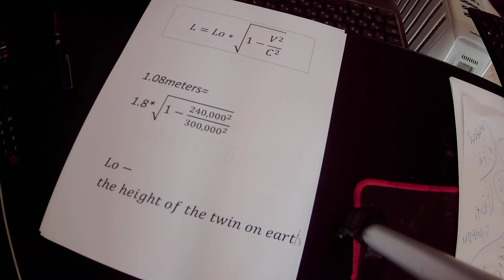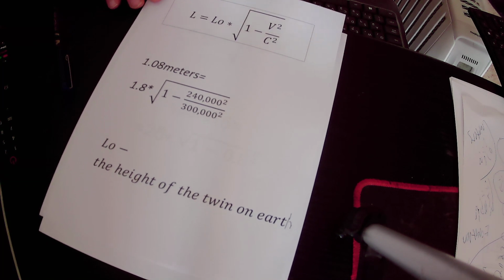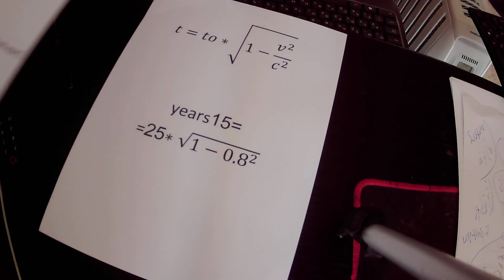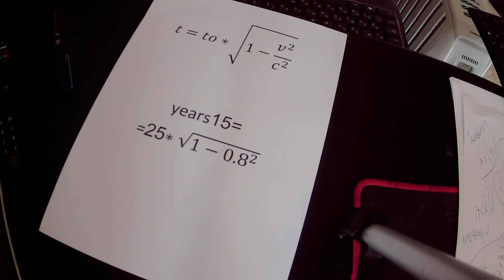Now I will talk about the third phenomenon that occurs when someone is moving at very high speed, close to the speed of light, and the phenomenon is time dilation. As mentioned, from the point of view of the brother who is on Earth, his twin brother is moving in the spaceship at very high speed.